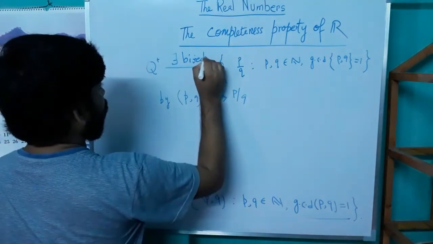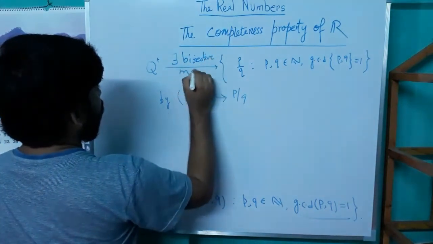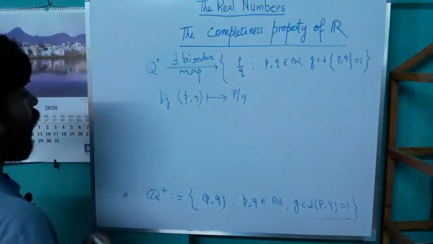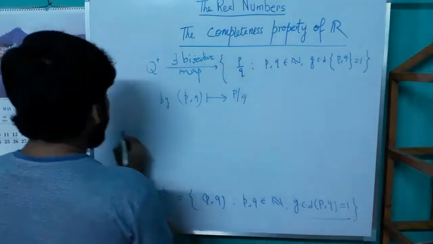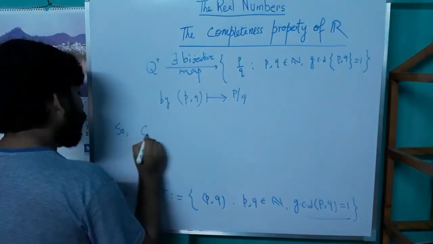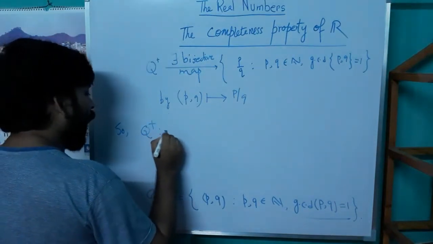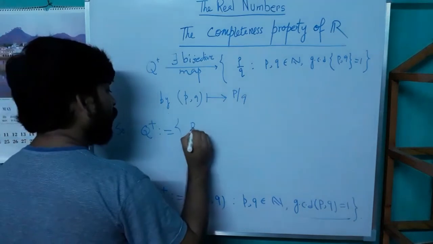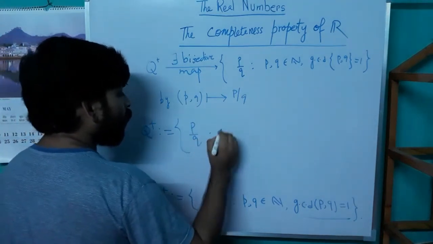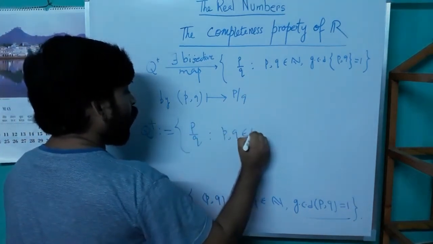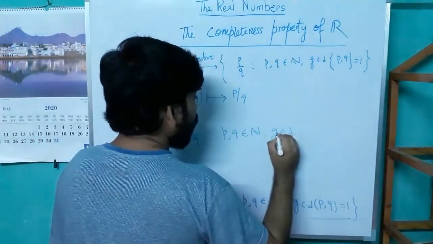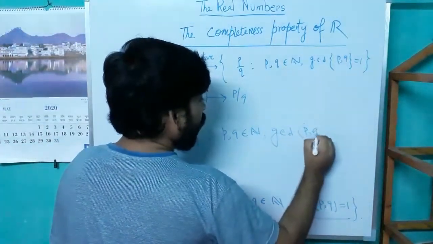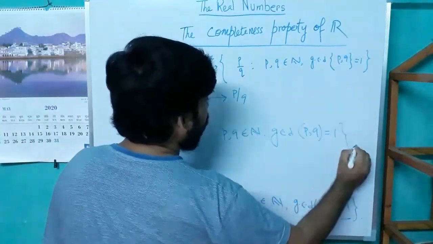Since there is a bijective map between Q plus and this set, we can take Q plus as the set of P by Q, where P, Q belong to natural numbers and GCD of P, Q equals 1.